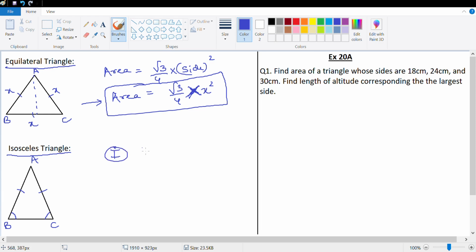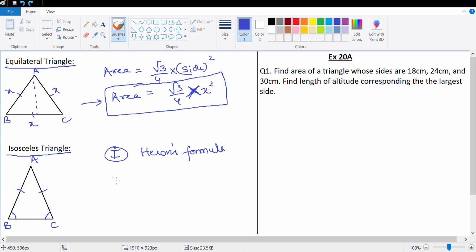Method 1 would be Heron's formula, which would be the square root of S times S minus A, S minus B, S minus C. In this case, this is A and this is B. Perfect. That's Heron's formula.